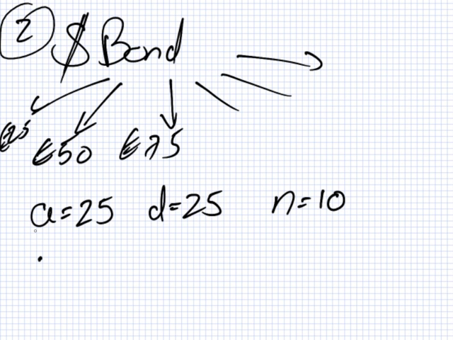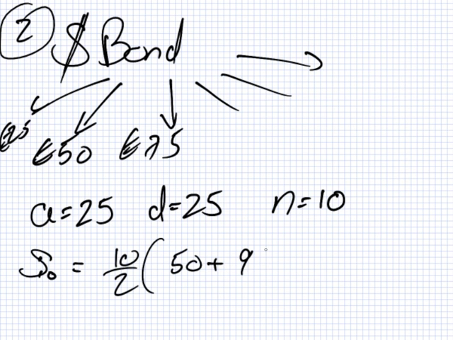But it could ask in the question. Anyways, we want S10, which is n over 2, 2a plus (n minus 1) times d. So that's 5 times 50, and then 225, 275 inside here. Is that right?